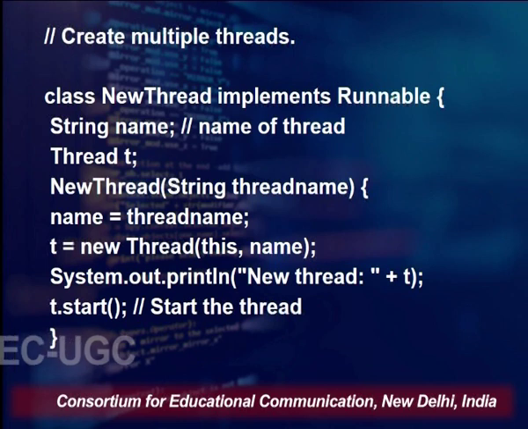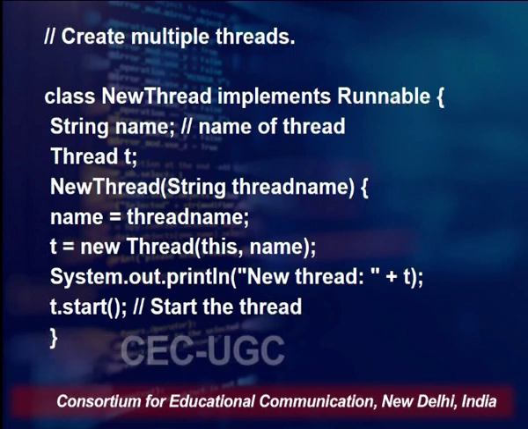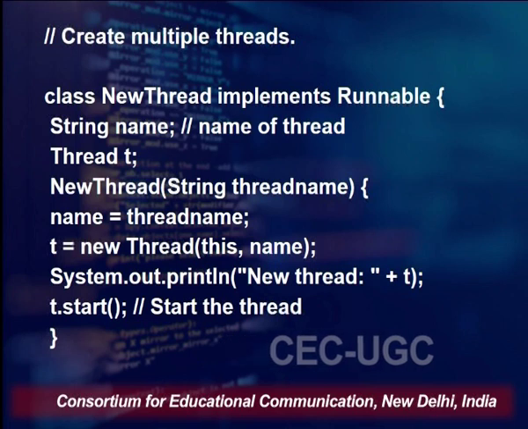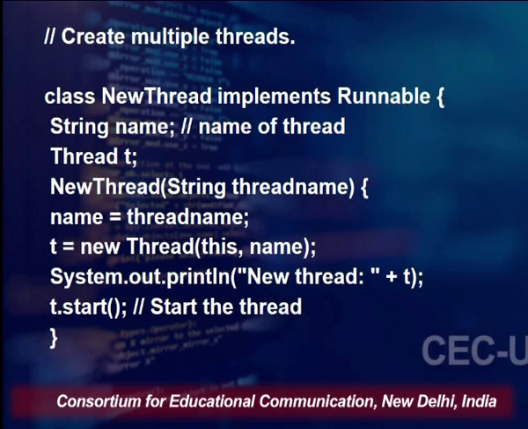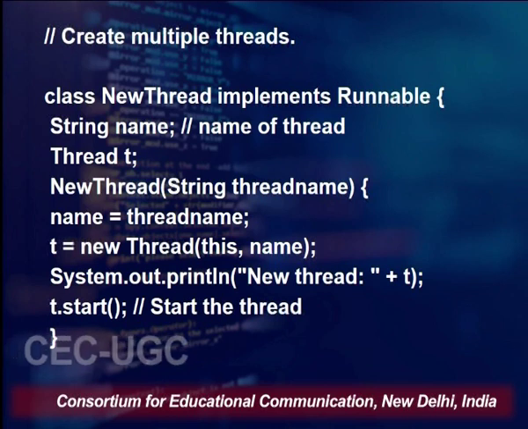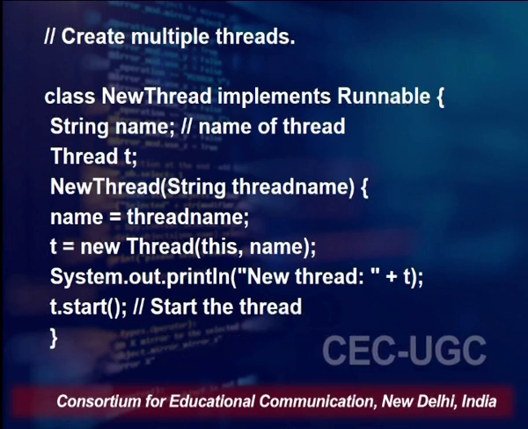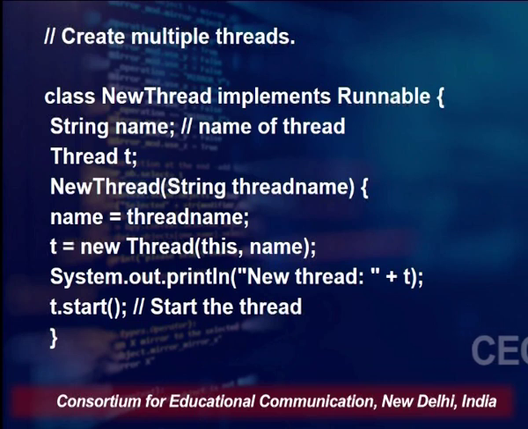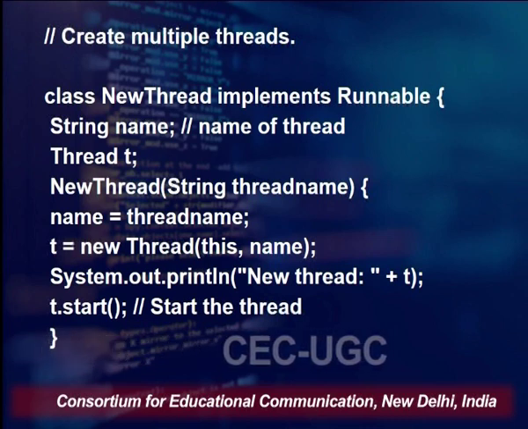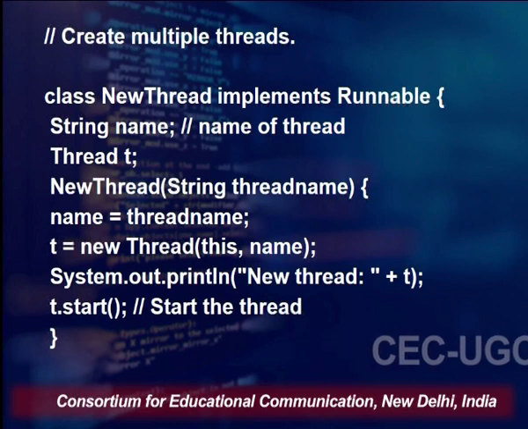And now we have created t = new Thread(this, name). This line means that a reference variable of type Thread, named t, has been created by calling the constructor of the Thread class, with the help of new Thread, and it is passing two parameters.